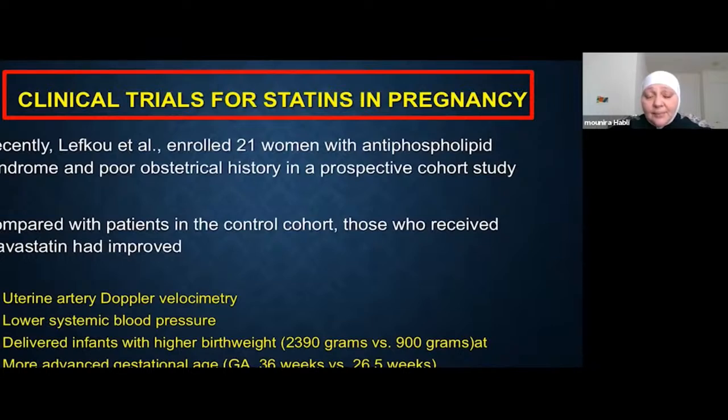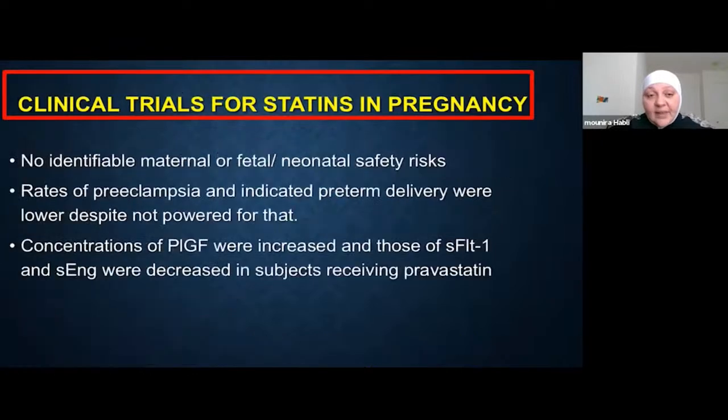Those who received pravastatin had improved uterine artery Doppler, decreased systemic blood pressure, and delivered infants with higher birth weight and at a later gestational age. As you see, the statin group was 36 weeks and the non-statin group was 26 weeks of gestation. That's almost a 10-week difference.